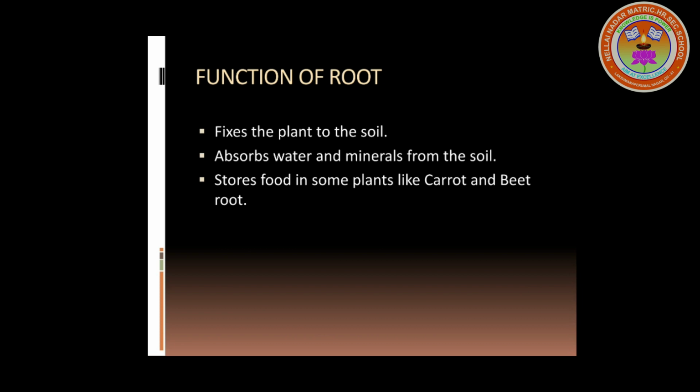So it helps in storage. The food prepared by the plant is stored in the root. So this root is also used for the storage of food materials. You can see carrot, beetroot, etc., the roots which store the food in their part.